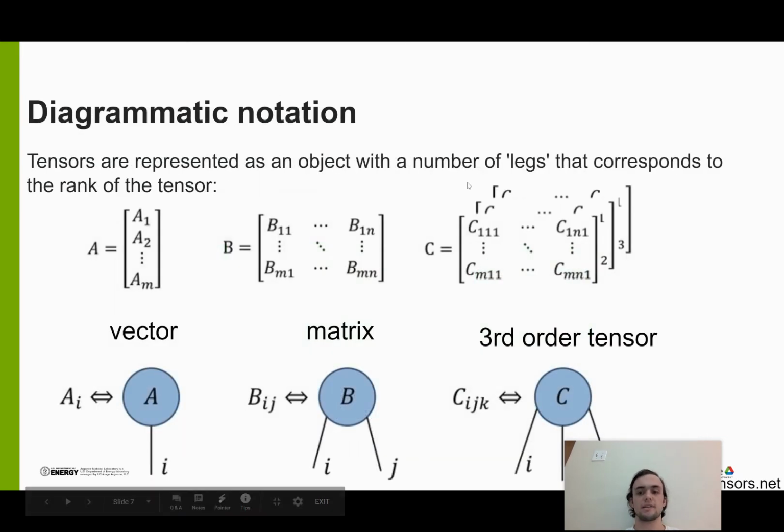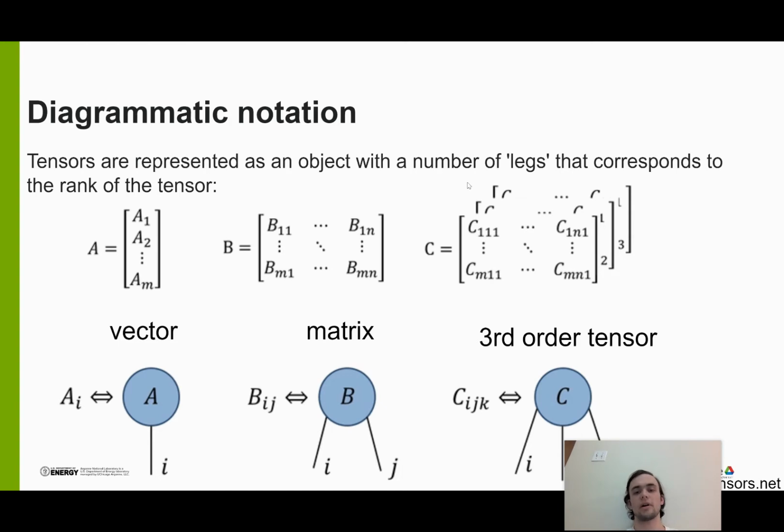A tensor network is composed of tensors that are joined by some of their indices. So when you have a vector, this means that you have only one index, and in tensor network notation, this picture is represented by a single node in your tensor network and a single edge that corresponds to your index.